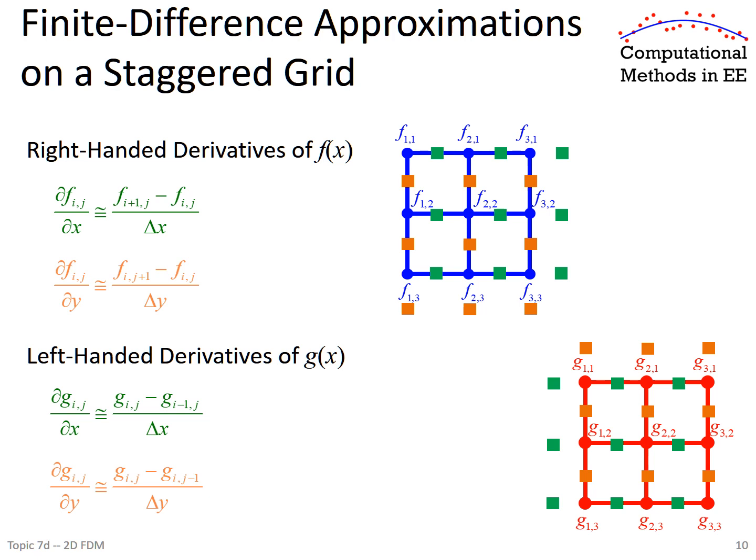So looking at this first grid, we have an unknown f stored at these blue points. And if we use the finite differences shown over to the left here, and if we interpret these as central finite differences, what you'll see is that they're calculating the derivative at the midpoint between the function values f.